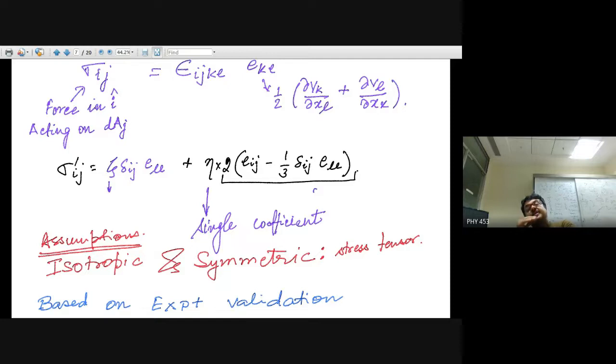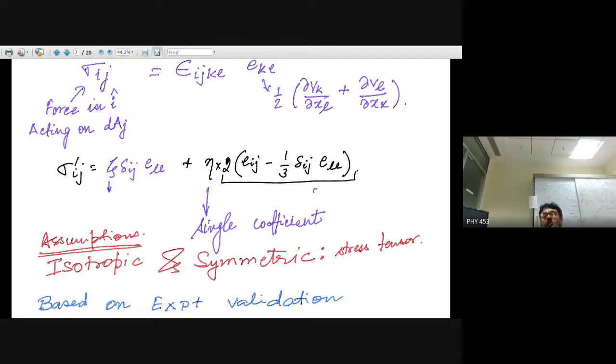On the other hand, if you had molecular fluids where all the molecules were pointing in the same direction on average, then the viscosity, I mean the response of pulling an object through the fluid in different directions, would be different.